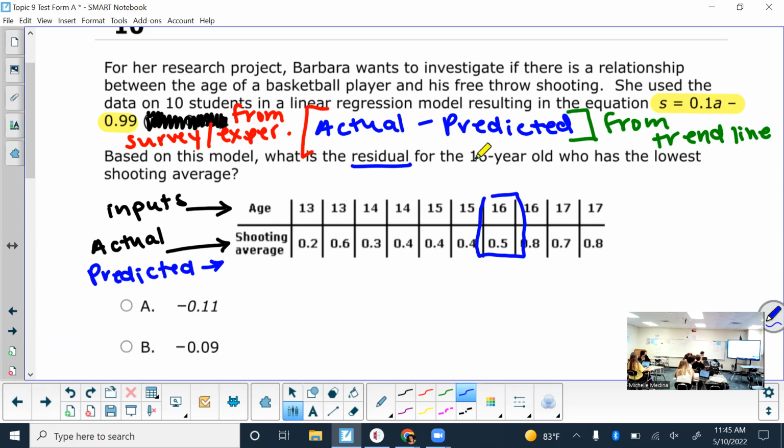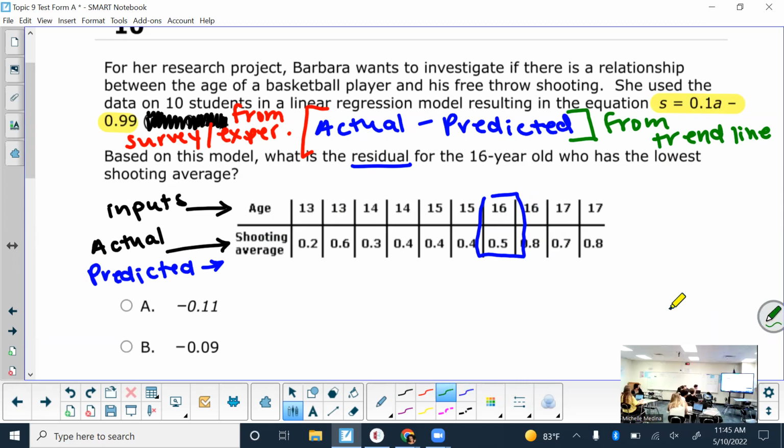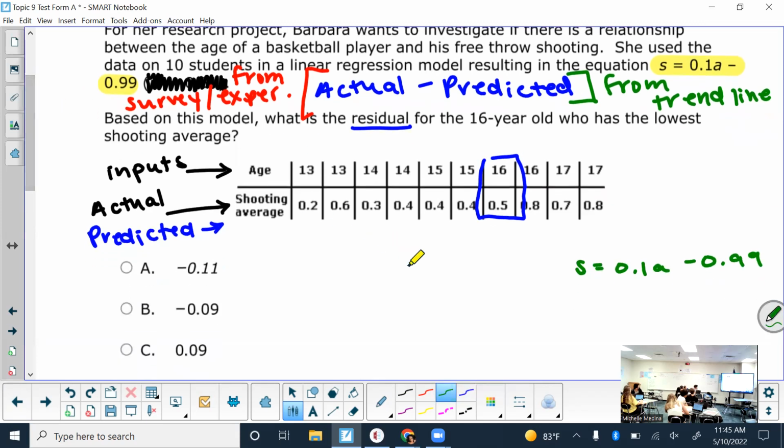So we really only need to plug in what into the trend line? What will I plug into the trend line? And where? No, try again.